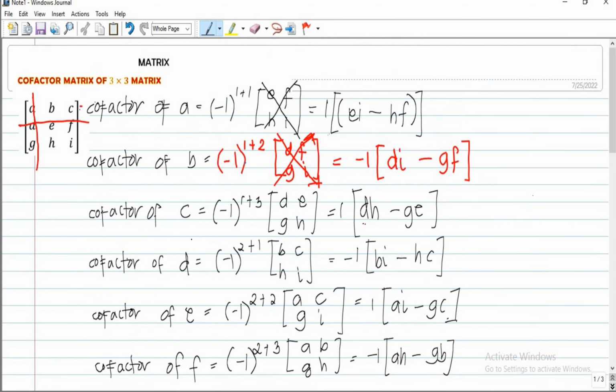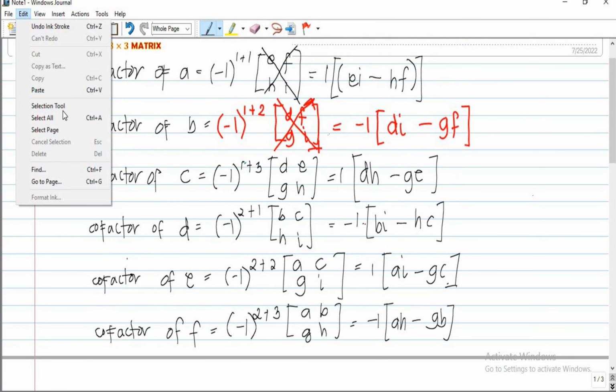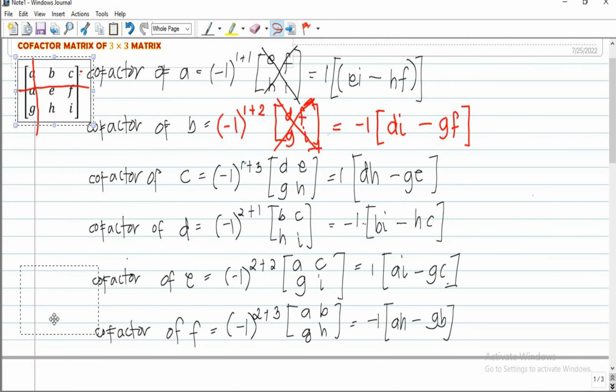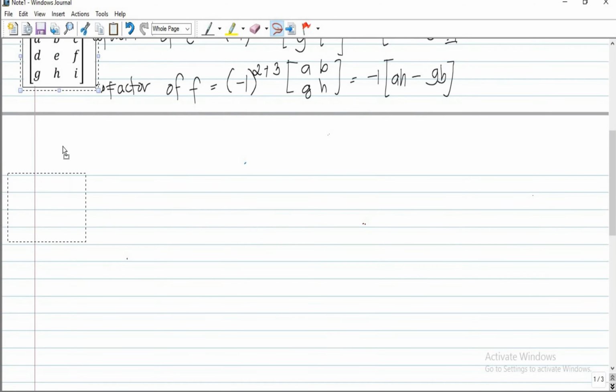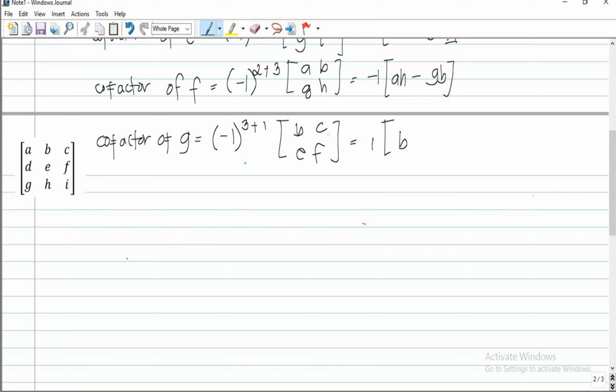Let's go to cofactor of G. Lipat ko lang siya sa baba. So for the cofactor of G, that is equal to negative 1. Nasa may row 3, column 1. Is B, C and E, F is equal now to 1 multiplied by BF minus CE.